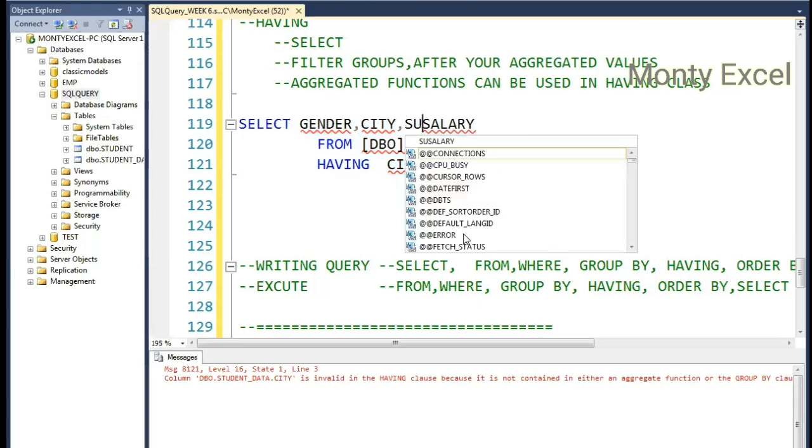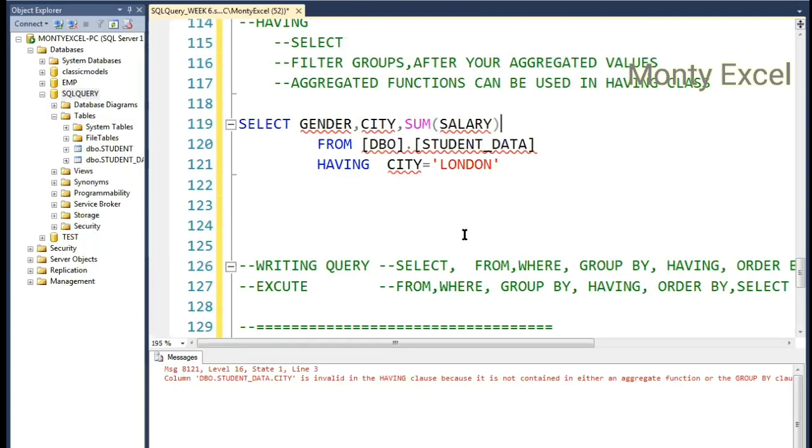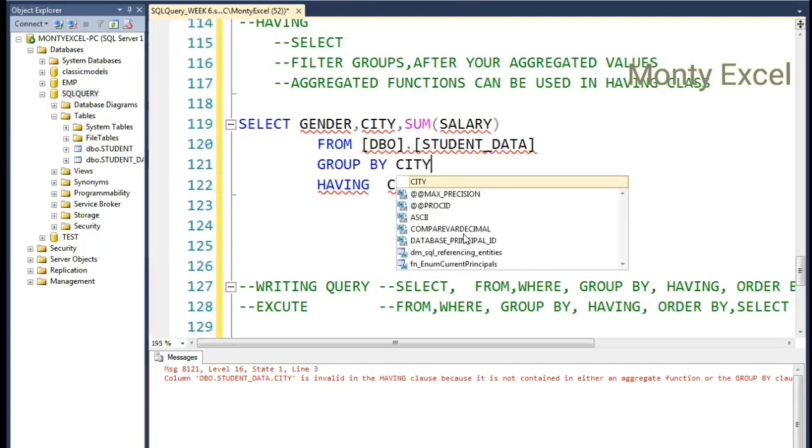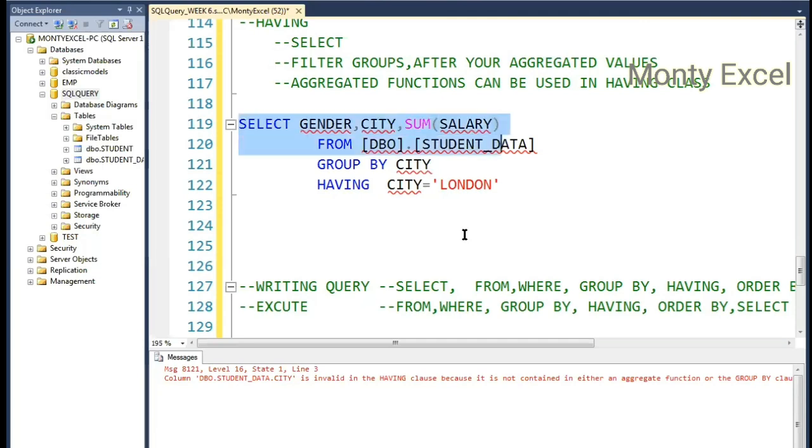So let me use sum of salary. Still, it is not happy with my query, because when you use HAVING, you need to GROUP BY before that, because HAVING is a filter which works only on the GROUP BY. GROUP BY what? Let's go for city. So then GROUP BY city. Still I'm not happy with the query, because there are two parameters which you specified without aggregation.